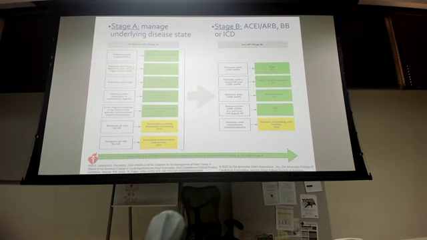Stage A, if you have an underlying disease state, not true heart failure yet, and then stage B, we're going to throw in the ACEs or ARBs or beta blockers, and then we'll move into the next 2 or 3 stages, and we'll talk about what ultimately we're using to treat HFrEF, heart failure.